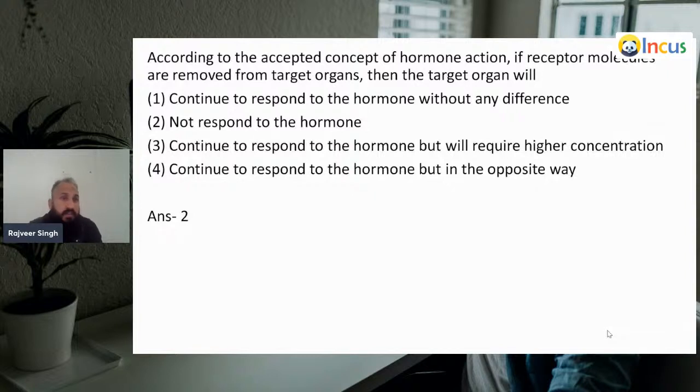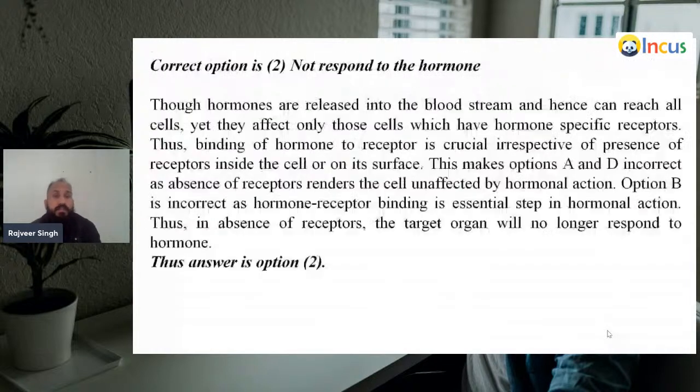Yes, so among them the answer will be the second, not respond to the hormone, because though hormones are released into the bloodstream and hence can reach all the cells, they affect only those cells which have hormone-specific receptors. Thus, binding of the hormone to the receptor is crucial, irrespective of the presence of the receptor inside the cell or on its surface.